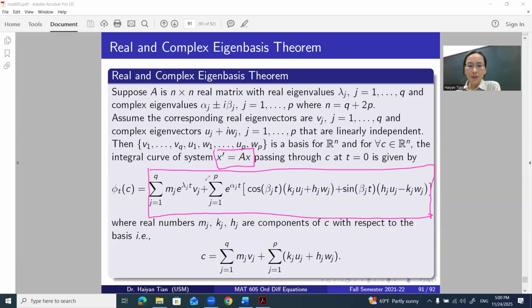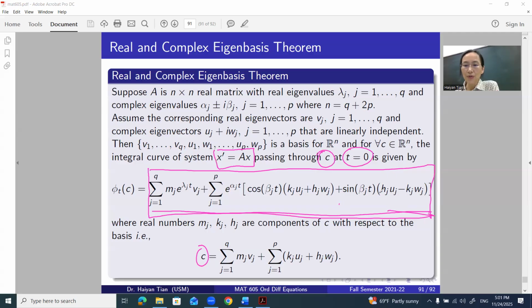However, we can require the solution to satisfy the initial data. If our initial condition is that x at t equal to 0 has a value c, the vector c should be equal to this expression when t is 0.